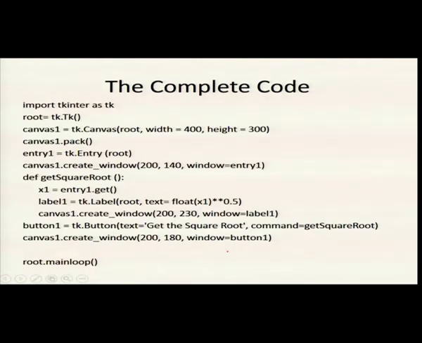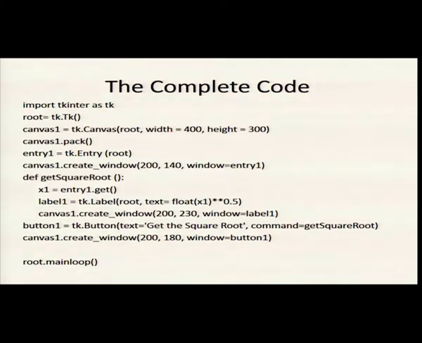Now, let us see the full code. This is the full code. import tkinter as tk, root equal to tk.Tk, Tk is the name of the function, canvas1 equal to tk.Canvas, root comma width equal to 400, height equal to 300.